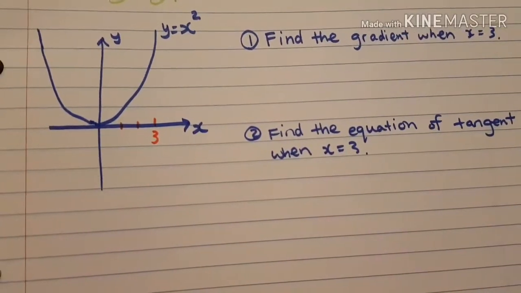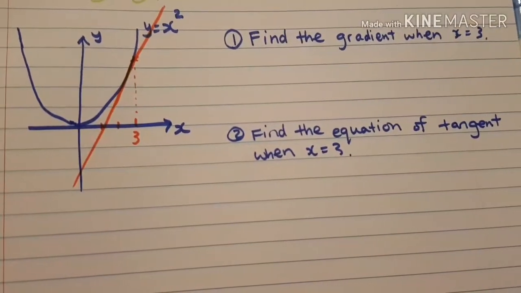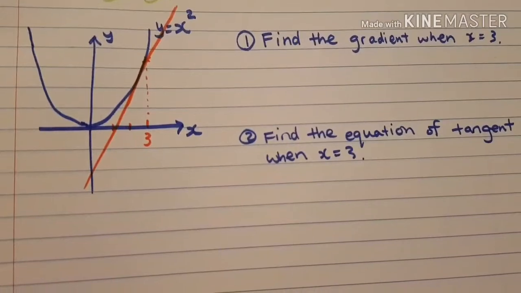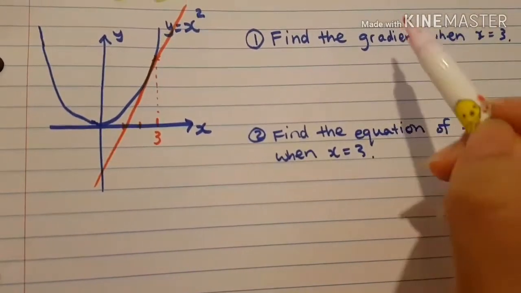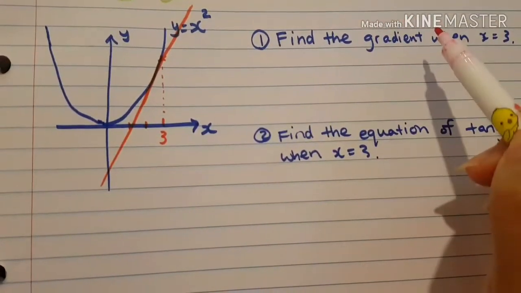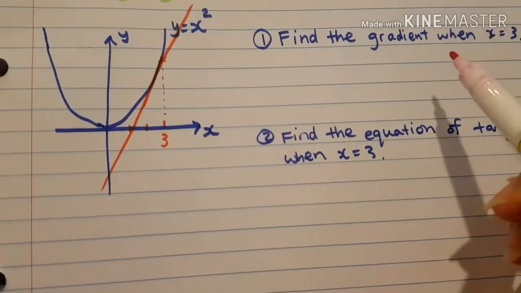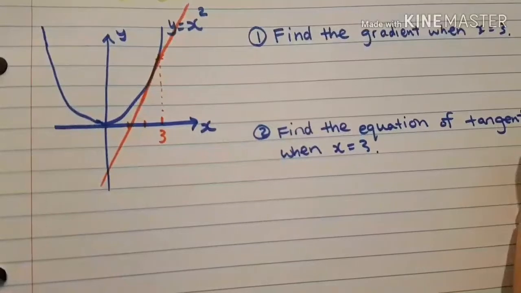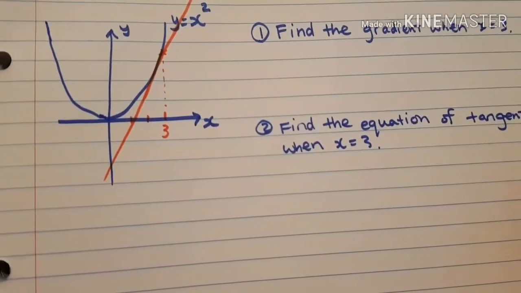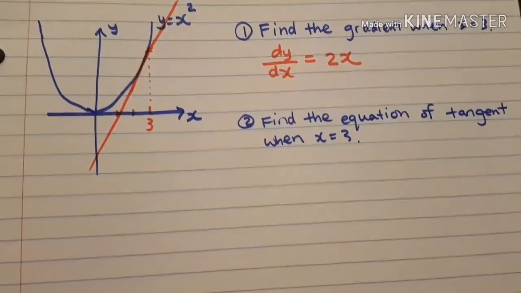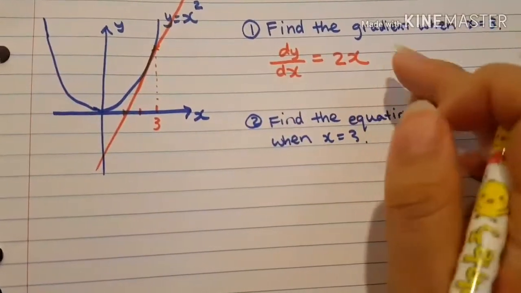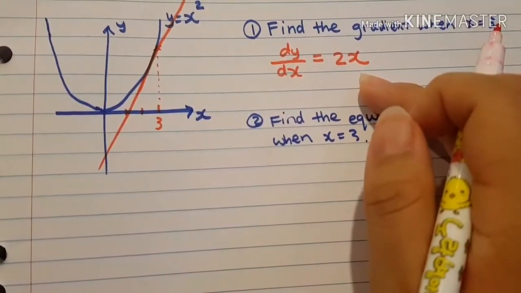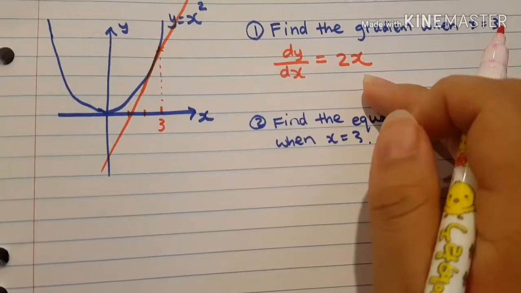When x is 3, I can draw a tangent line, and I need to find the gradient. From the original equation, I differentiate, which gives the gradient function. So I can find any gradient of the curve.